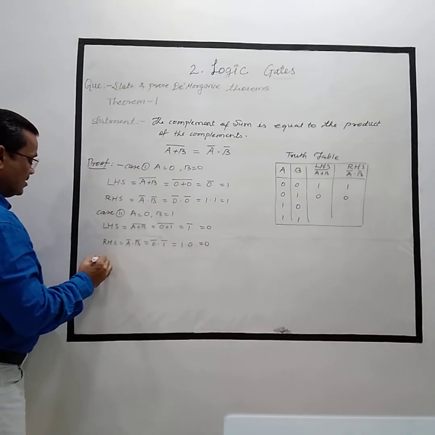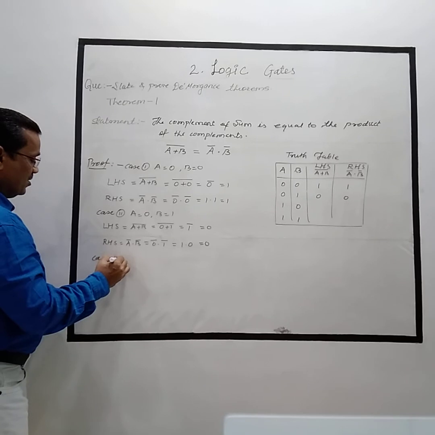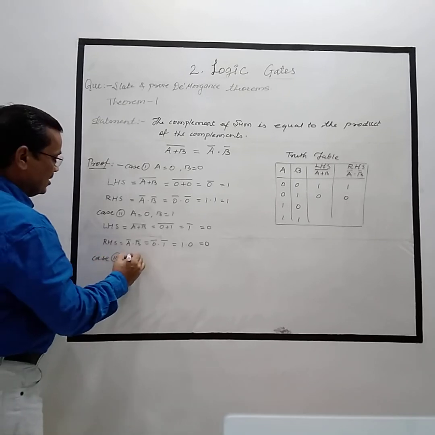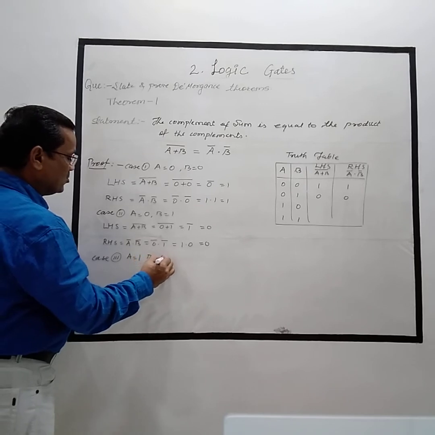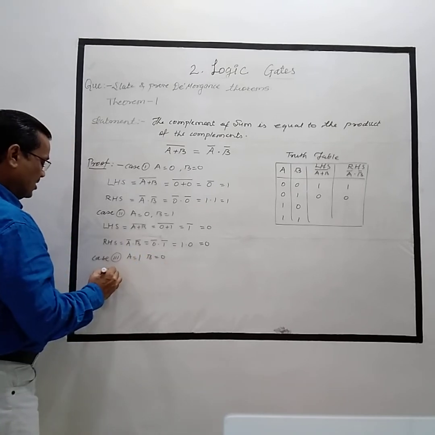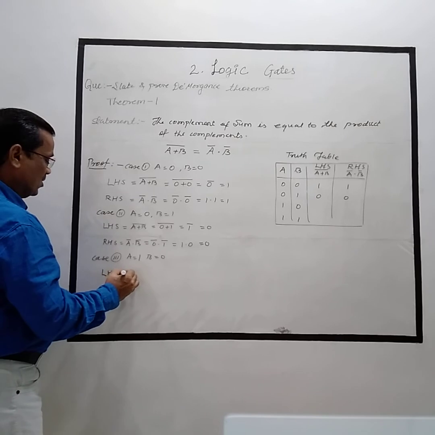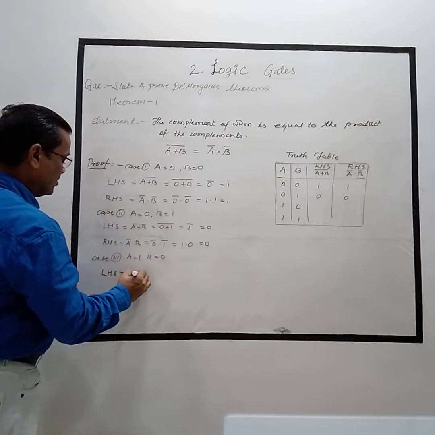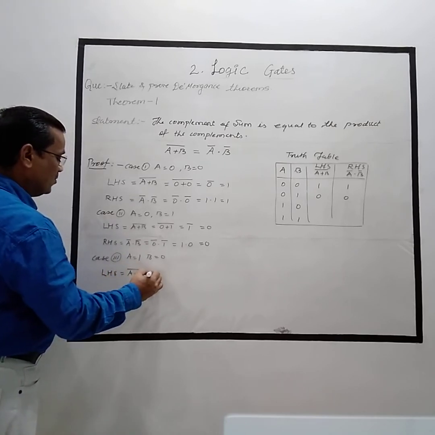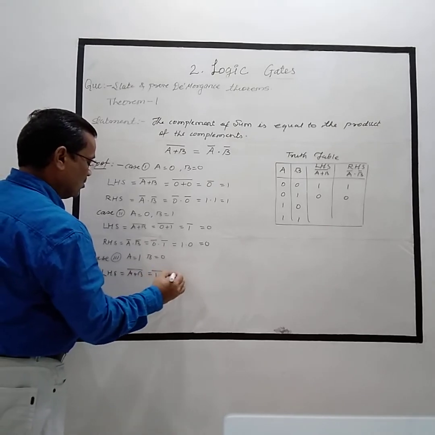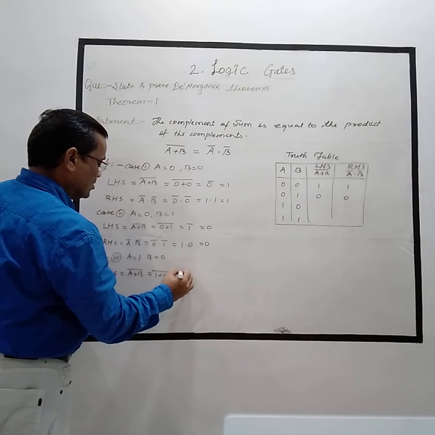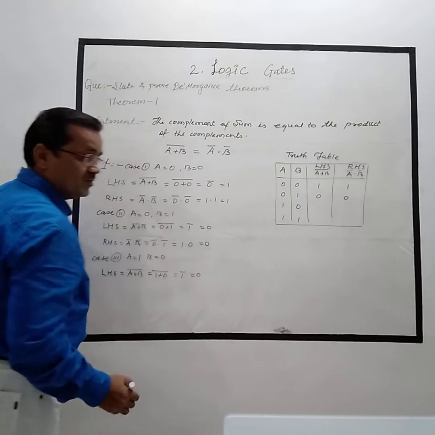Then case number 3: A is equal to 1, B is equal to 0. LHS is A plus B whole complement, A is 1, B is 0, complement: 1's complement, which is equal to 0.